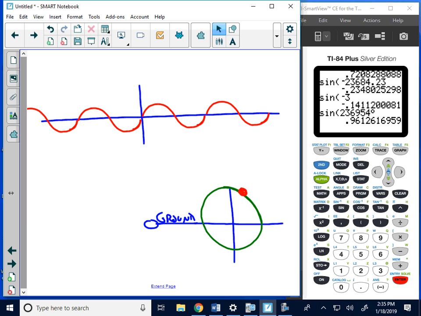If I put a point here, and let me put some numbers just to make it obvious. This is pi, this is 2 pi, this is 3 pi. By the way, when we get to the graph part, that's going to be section 6.4. You need to know those numbers.